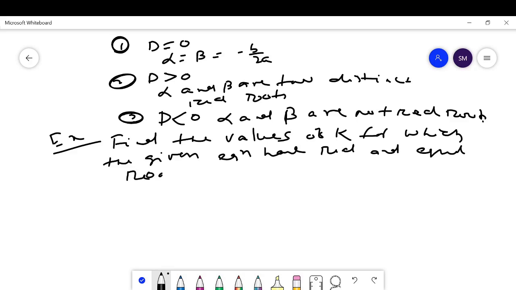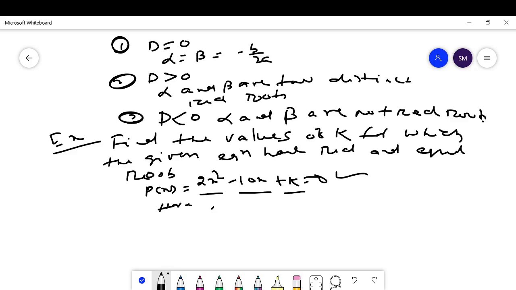Here the question is given: P(x) = 2x square minus 10x plus k = 0. Then a is equal to 2, b is equal to minus 10, c is equal to k.